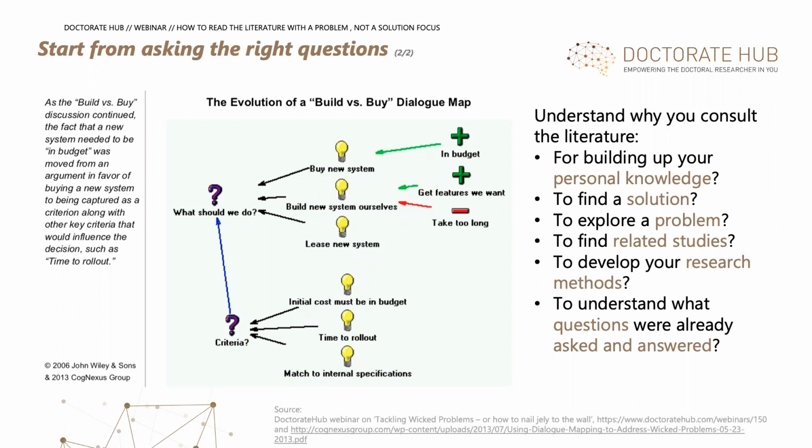Now you can either spend those 90% upfront and take the first one to two years consulting the literature, or you work over criteria and therefore reduce the time that initially is required to consult the literature and rather spend it gradually as you go along, and therefore make much better use of the time and the sources that you select from the literature, because you will not look into any outcome-driven literature sources, but you will look instead over the criteria, very focused, and then not end up finding a solution, but explore the problem.